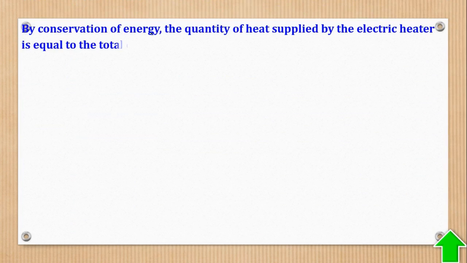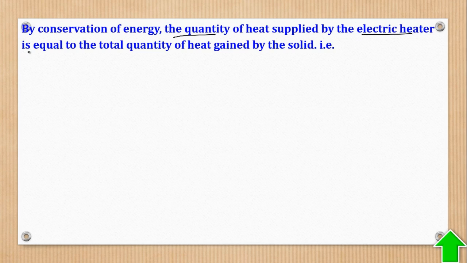So by conservation of energy, the quantity of heat supplied by the electric heater is equal to the quantity of heat gained by the solid. If the solid was being heated by an electric heater, then by conservation of energy, the quantity of heat supplied will be equal to the quantity of heat gained by the solid.